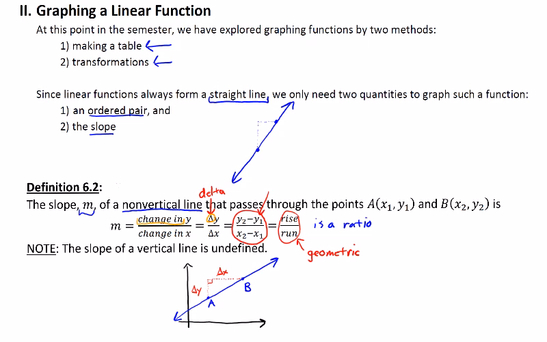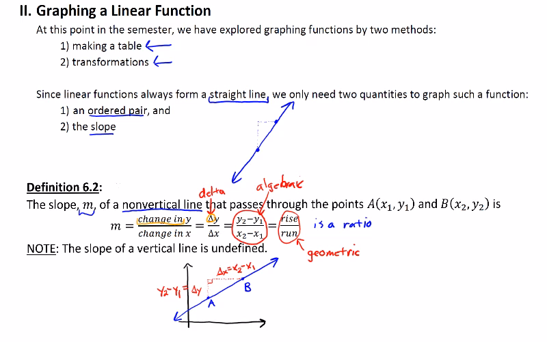And this is the algebraic representation for slope. That would be y2 minus y1 is equivalent to the delta y, and then x2 minus x1 is equivalent to delta x.